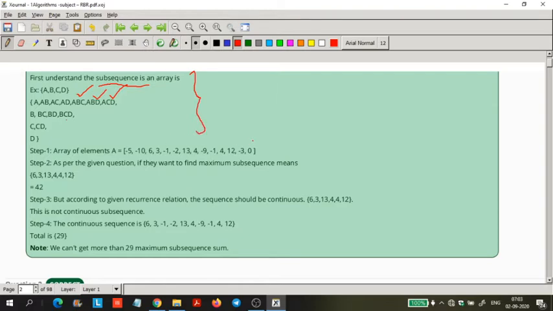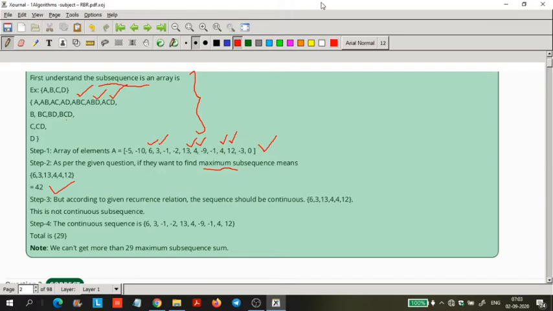Step one: they are given 14 elements of the array. As per the question, if we want the maximum subsequence, the elements would be 6, 3, 13, 4, 4, 12, which add up to 42.